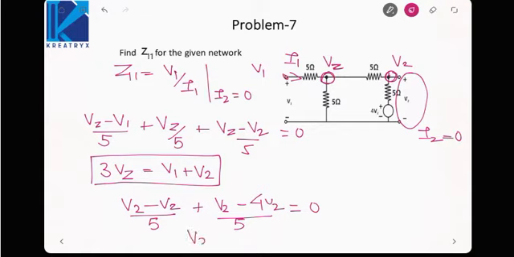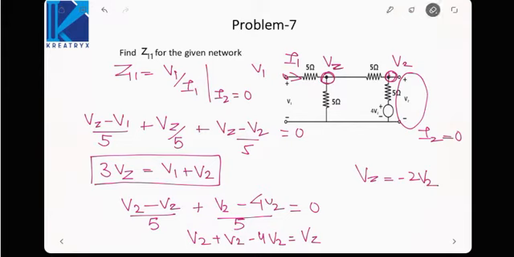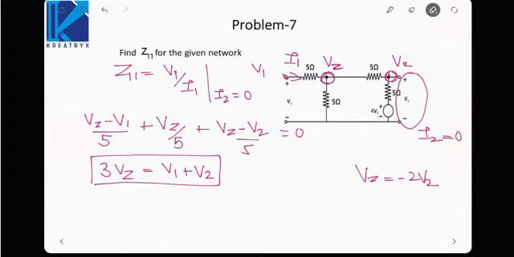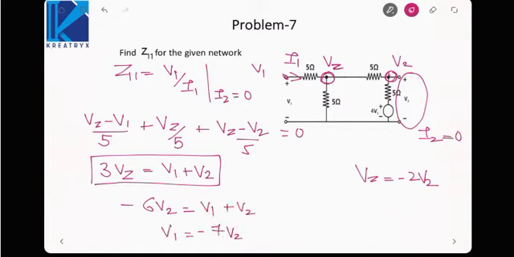V2 plus V2 minus 4V2 equal to Vz. That is Vz equal to minus 2 V2. If we substitute this in the first equation, what I will get? Minus 6 V2 equal to V1 plus V2. So V1 equal to minus 7 V2.